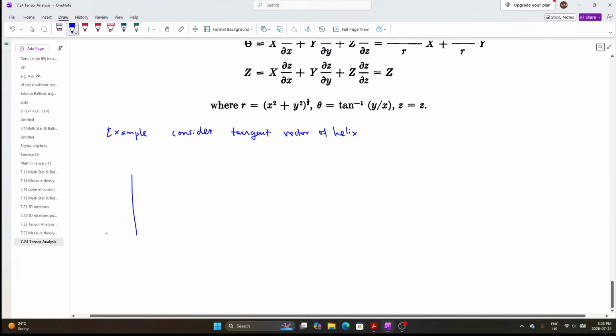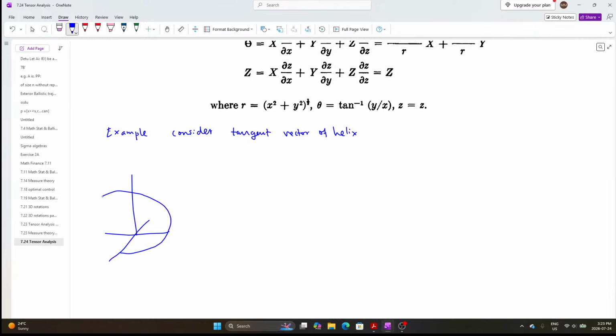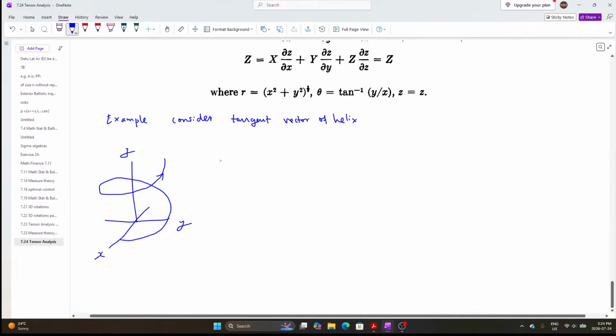There we go. Like this: little x, little y, little z. So what's the curve like? The helix. Let's still do the same business.